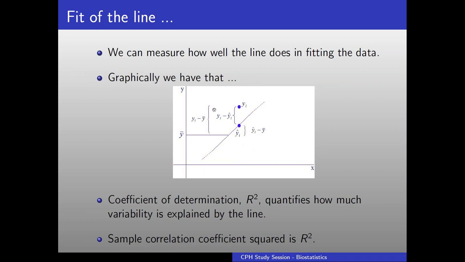That distance is how far away my sample mean is from the observation. In a sense, that's the worst case scenario. If I didn't know x at all, I would have to use y bar to estimate the mean of y. So in a sense, I'm starting out with this difference that I have to explain.